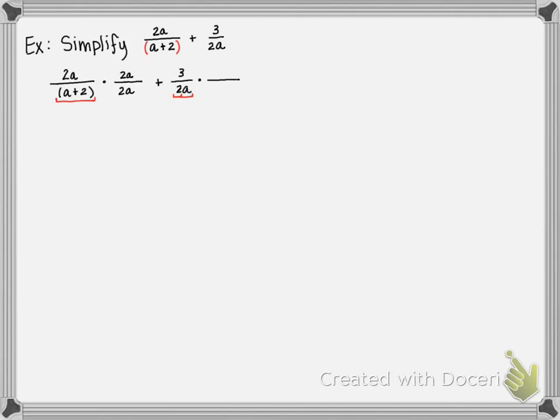A plus 2 over a plus 2. And remember those parentheses. So now we've got our common denominator, which is 2a times a plus 2, and then 2a times 2a plus 3 times a plus 2 in the numerator.